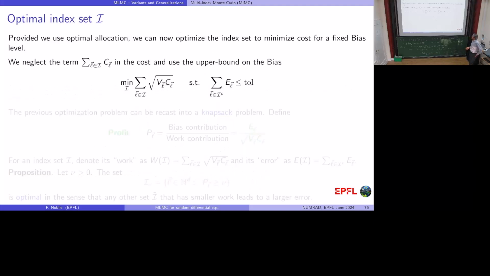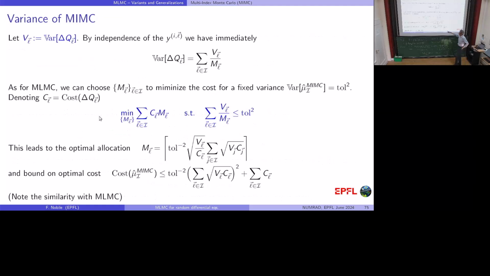Okay. What about the choice of the index set? You can also phrase an optimization problem there. Now we have an expression for the optimal cost, and I want to decide on the index set, since you want to kill the bias.